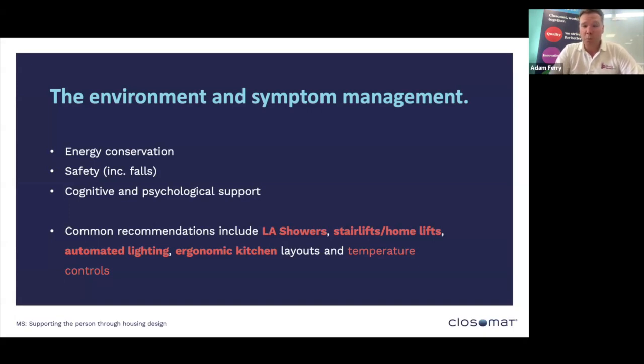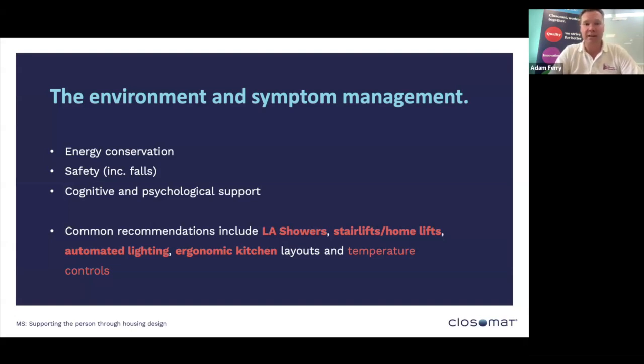And that's again, we would probably say the same thing for everybody, but it's understanding the specific conditions in which somebody with MS might discover challenges that then impair their ability to be independent or engage in things that are meaningful. Temperature control is a real significant one that I come across regularly with my clients with MS.